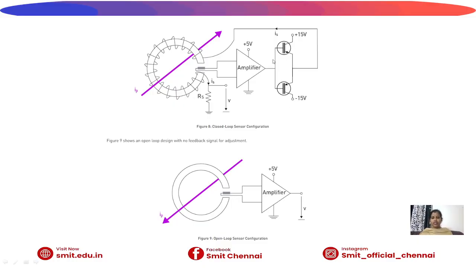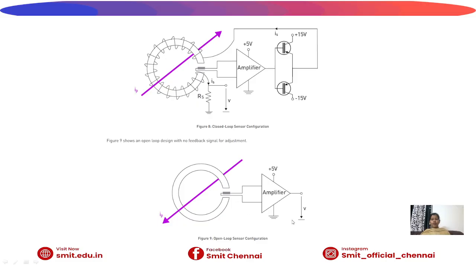Here are two sets of resistors, and here is the amplifier which amplifies the signal and gives it to the transistor, and again it gives it to the winding. Also some resistors are connected to measure the feedback voltage. This is the closed loop configuration.